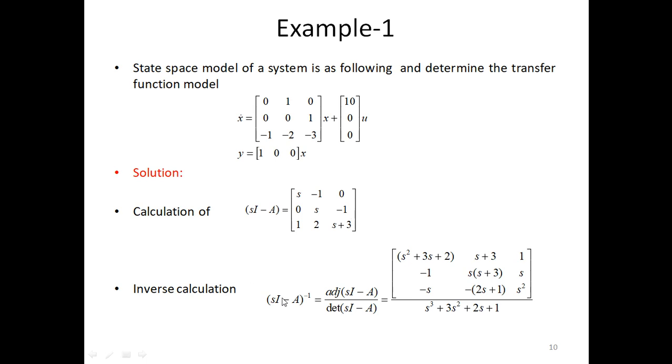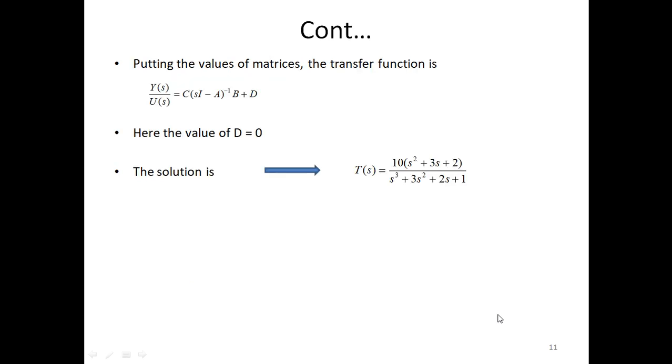Now the inverse can be calculated by calculating the adjoint of the (sI minus A) matrix and the determinant of (sI minus A). On solving, this is the adjoint, the numerator is the adjoint of the (sI minus A) matrix, and the determinant is s cubed plus 3s squared plus 2s plus 1. Putting the values of the matrices and solving this equation where D equal to 0, the transfer function can be calculated like this.